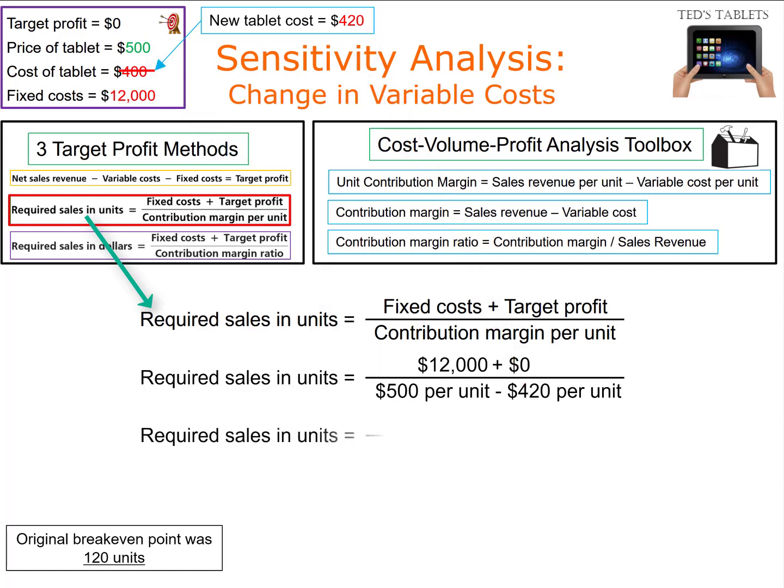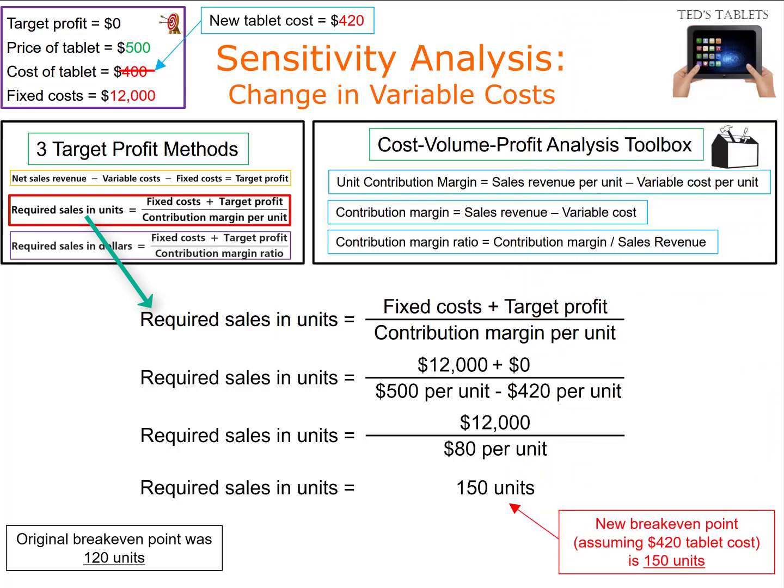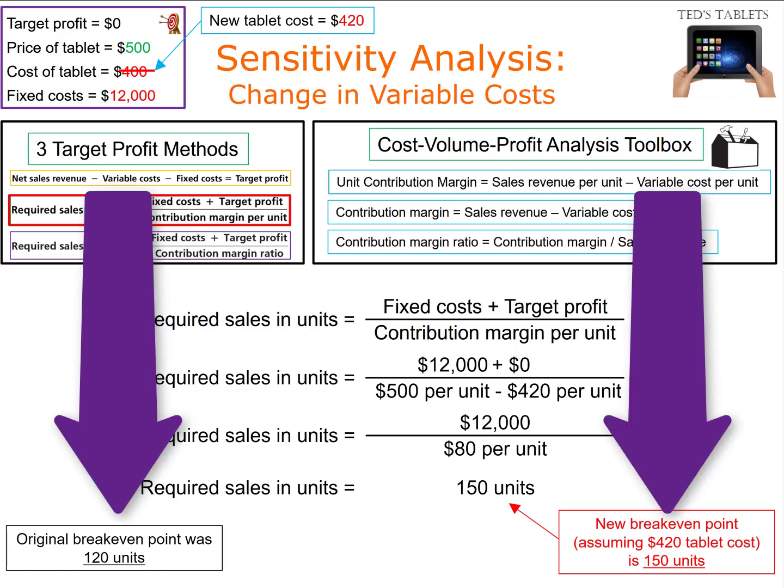That gives us $12,000 divided by $80 per unit, which results in a break-even point of 150 units. So this is our new break-even point, assuming the new $420 cost per tablet. We would tell management that the new $420 cost per tablet increases the break-even point from 120 units to 150 units.